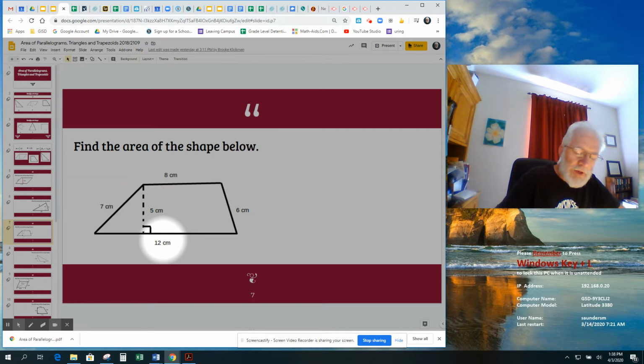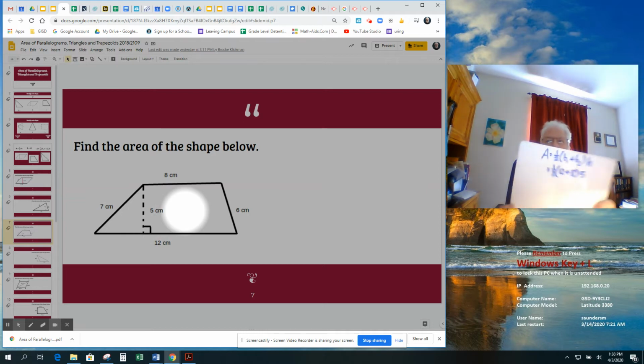So I'm going to write down 12 for base 1. If base 1 is 12, the parallel side opposite it is 8. So B2 is 8. I'm going to put that in my formula. And we said that the height measured perpendicular to base 1 is 5. So the height is 5.